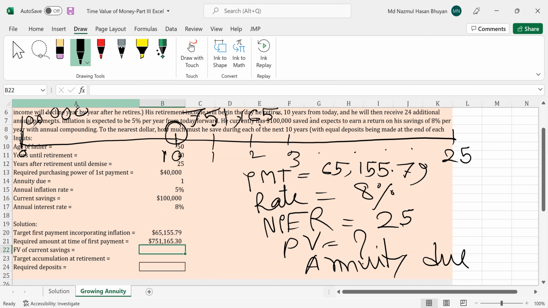So this $100,000 will grow at a rate of 8% interest for the next 10 years. And then he's gonna receive some lump sum amount at the end of year number 10 right here. So it is a future value formula.